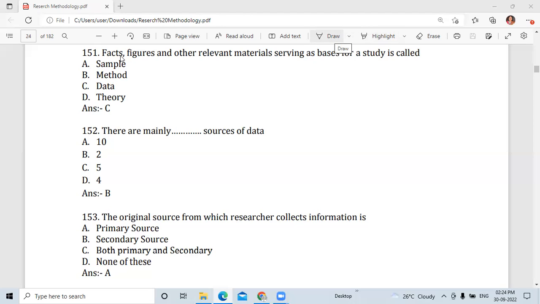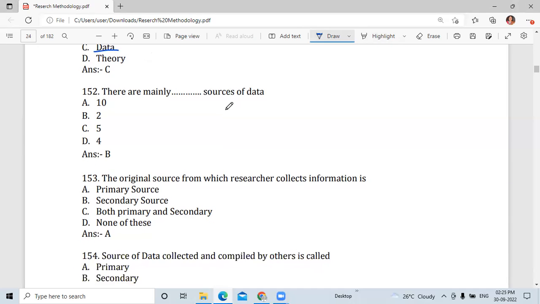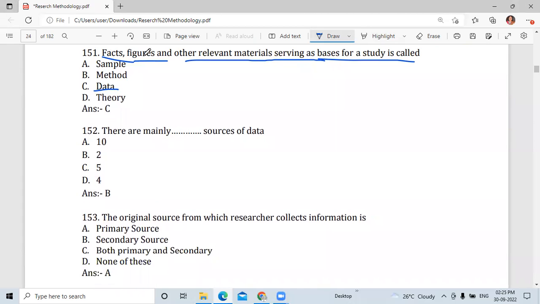So this is the first question. Facts, figures and other relevant materials serving as a basis for a study is called what?